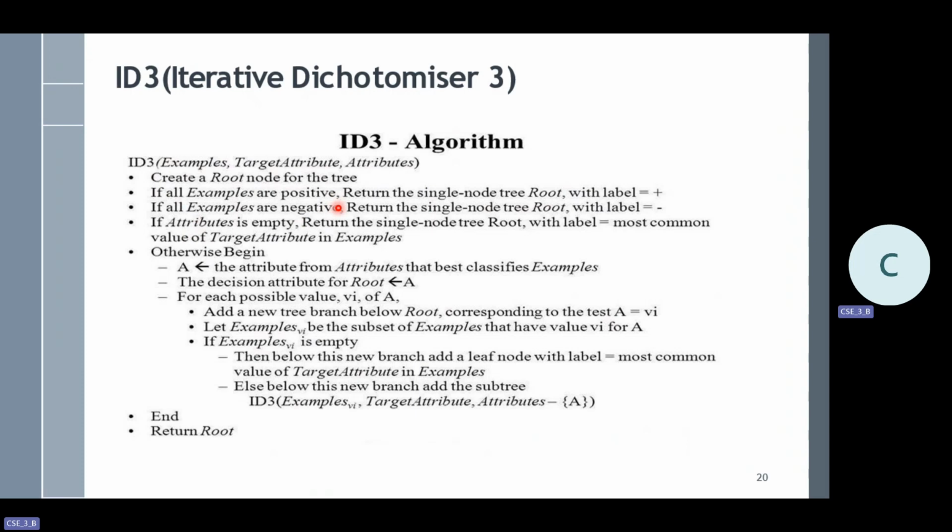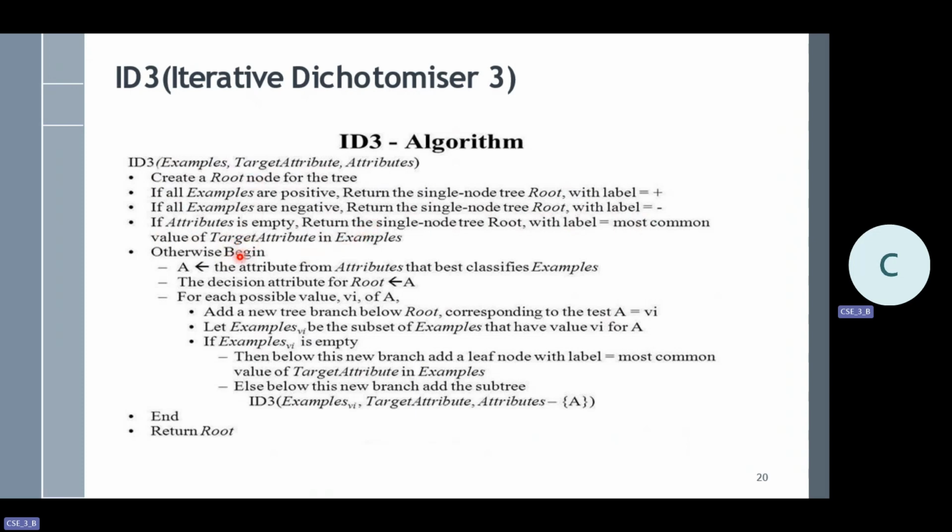Then there is no further confusion since all the examples are negative, so we return the single node tree root with the label negative. If attributes is empty, then return the single node tree root with the label equal to the most common value of the target attribute in examples.